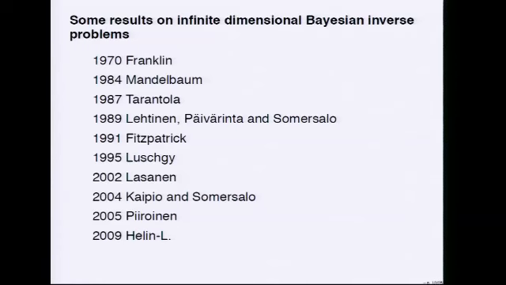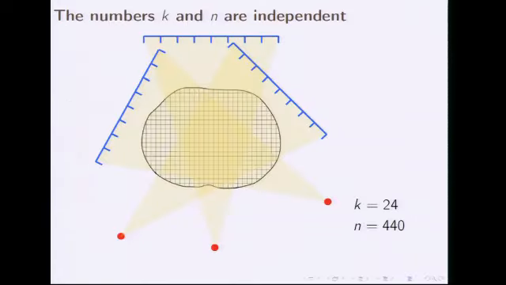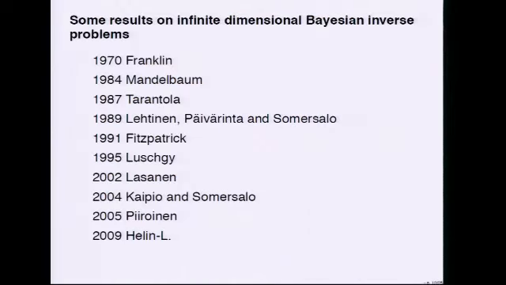Okay, sorry. First, a few comments. When we let this n and g go to infinity, this is infinite dimensional Bayesian analysis, and there are many papers on this. In particular, Mandelbaum studied this in Hilbert spaces. Then in Finland we have a big school studying this. The seminal paper for this was the paper of Lehtinen, Päivärinta, and Sommersalo, where white noise was first considered as a random distribution.